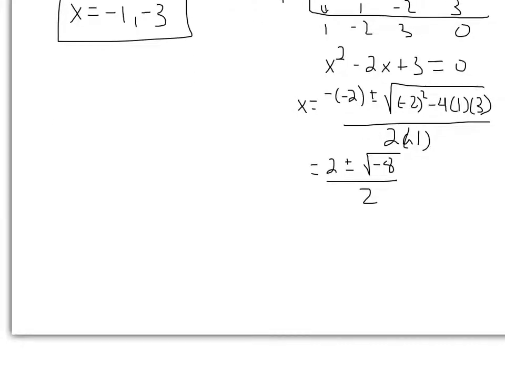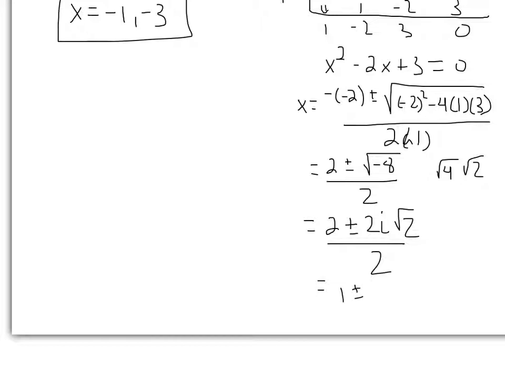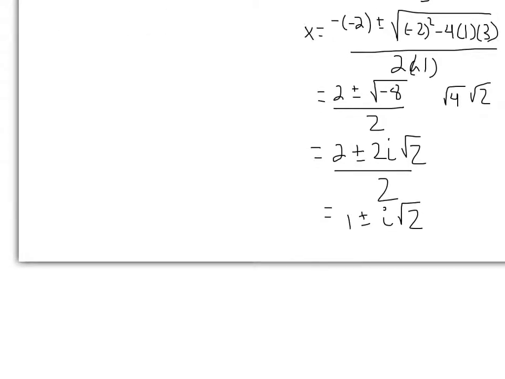But you have to ask, can you simplify this? Yep, that's going to be 2 plus or minus, the i comes out for the imaginary, plus I can change square root of 8 into square root of 4 and square root of 2, so it would be 2i square root of 2 divided by 2, which would be 1 plus or minus i times the square root of 2. So all of our zeros here: x equals negative 2, 1, 1, 1 plus or minus i times the square root of 2.